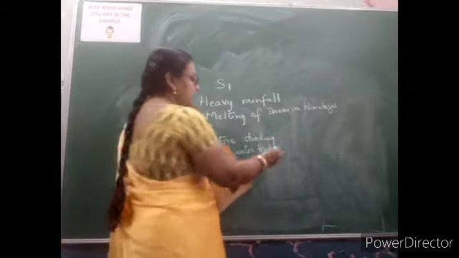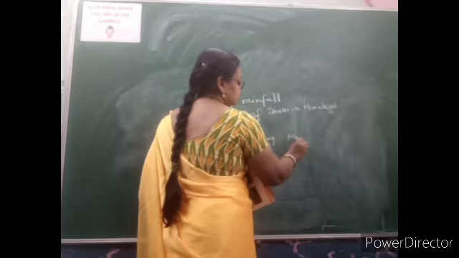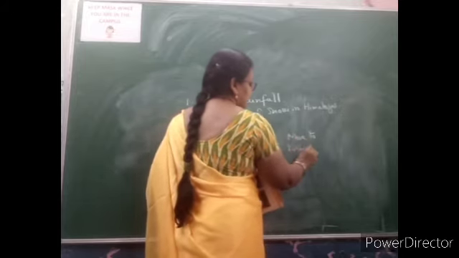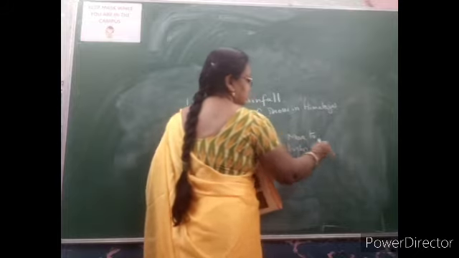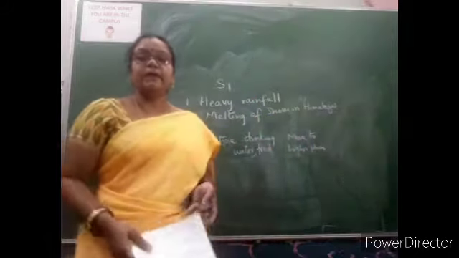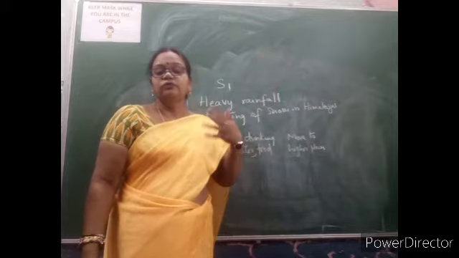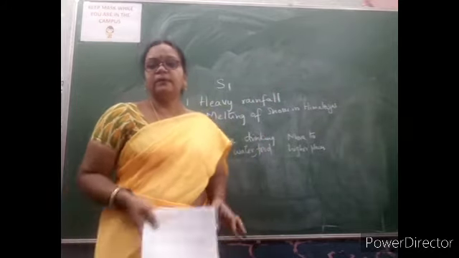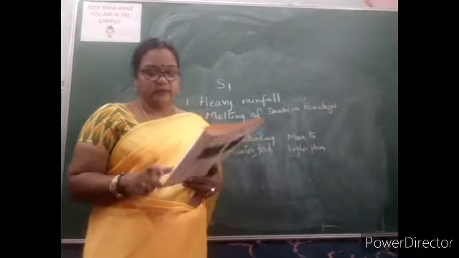During a flood, they have to move to higher areas, to the terrace, or if they are in an apartment, they can move to the 4th floor, 5th floor, like that, and avoid getting affected by the flood.